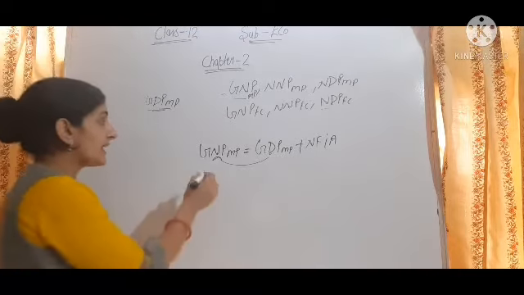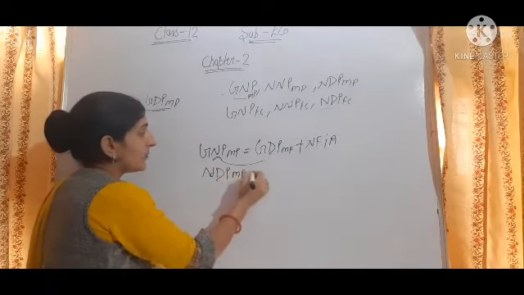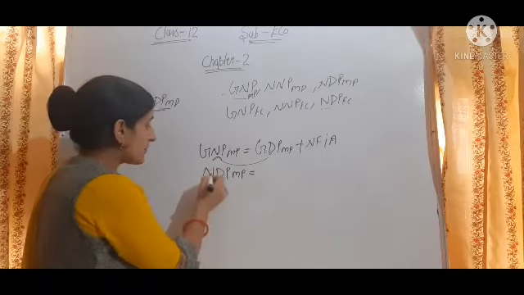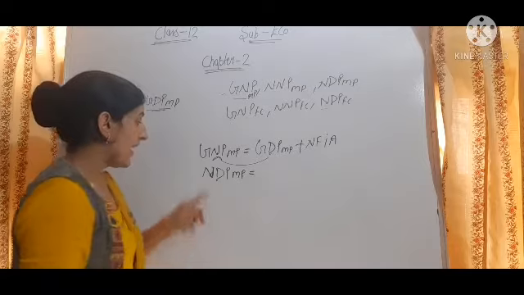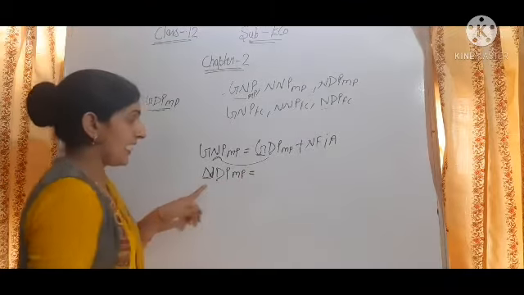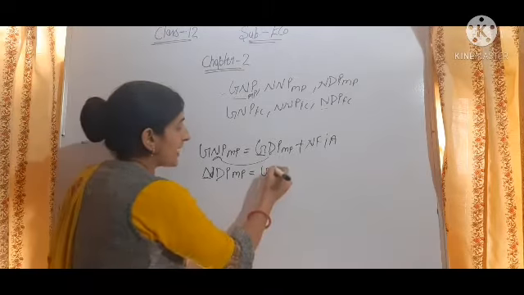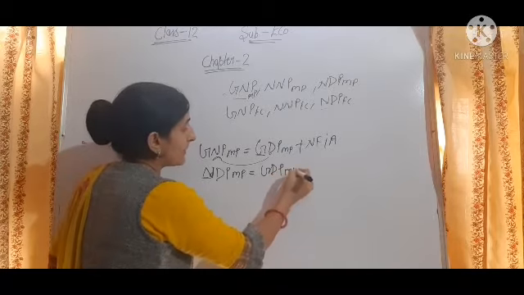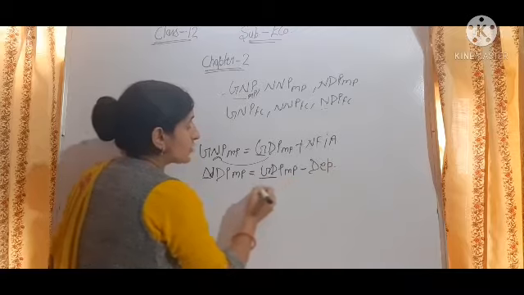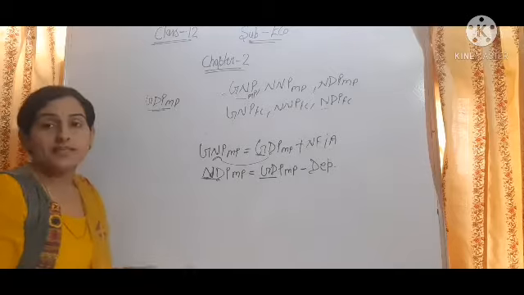Then next we have NDP at market price. This time we have to make this G into N, not D. So G will become N. What we will exclude, like GDP we have given, GDP MP minus depreciation. This is gross domestic product; we have to make net domestic product.